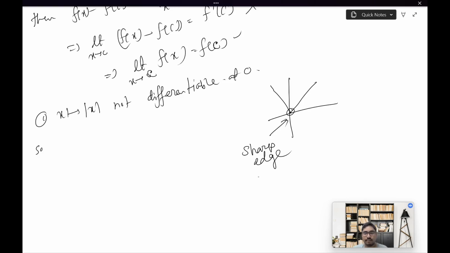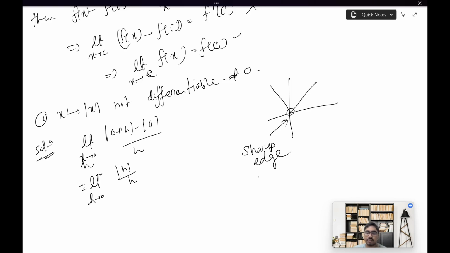And mathematically, consider the limit as h goes to 0 of (mod of (0 plus h) minus mod 0) by h. Now this limit is the limit as h goes to 0 of mod h by h. Now this limit does not exist. So the function x goes to mod x is not differentiable.